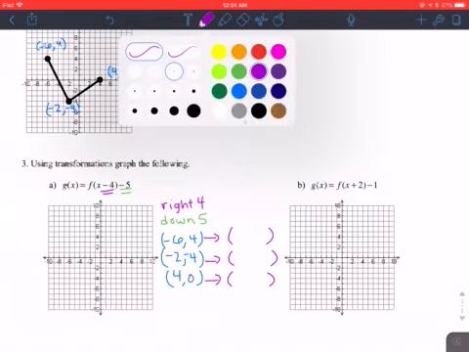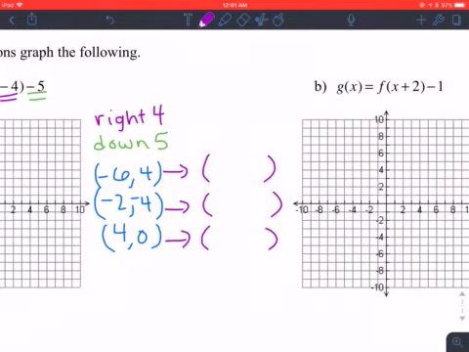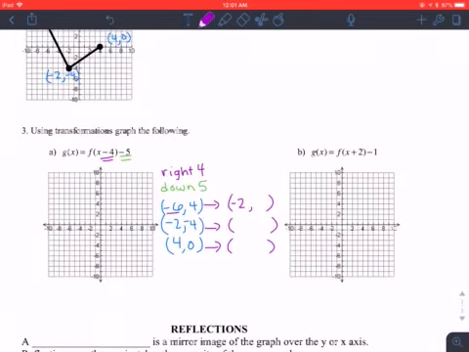Okay, so when I shift right 4, that's only going to affect my x value. So -6, when I move right 4, I'm really adding 4 to my x's, so I get a -2. Think about if I start at -6, move to the right 4, you're at -2. Okay, -2, shift that right 4, I'm at a +2. And then 4, if I shift that right 4, I'm at 8.